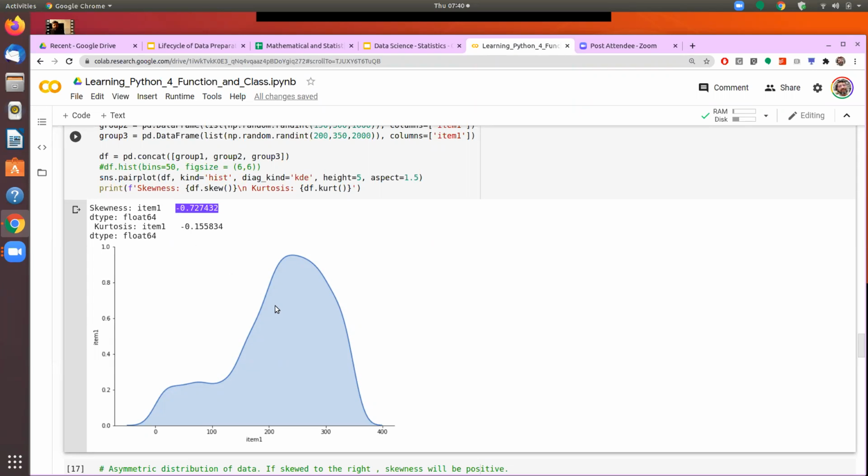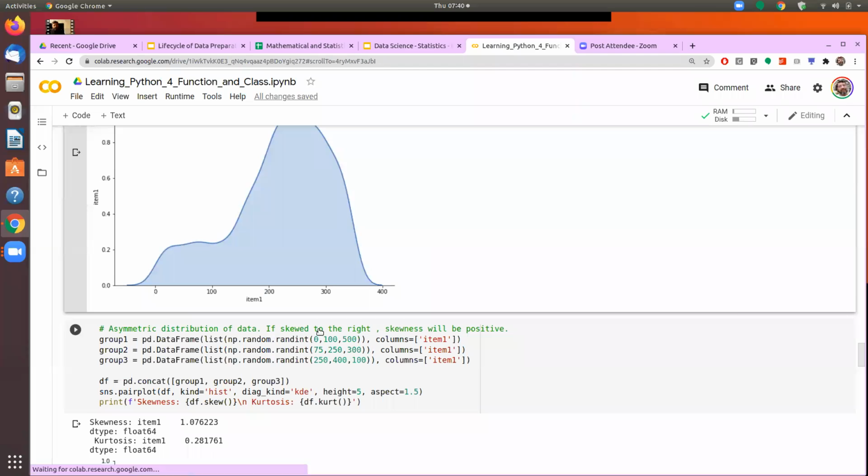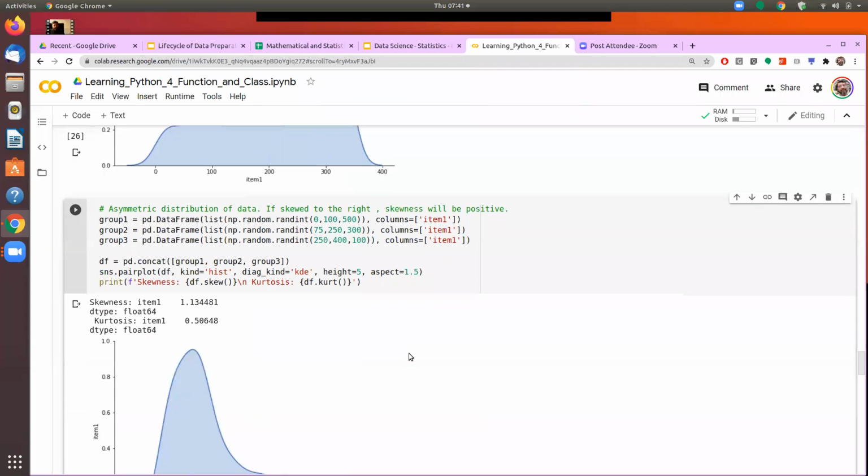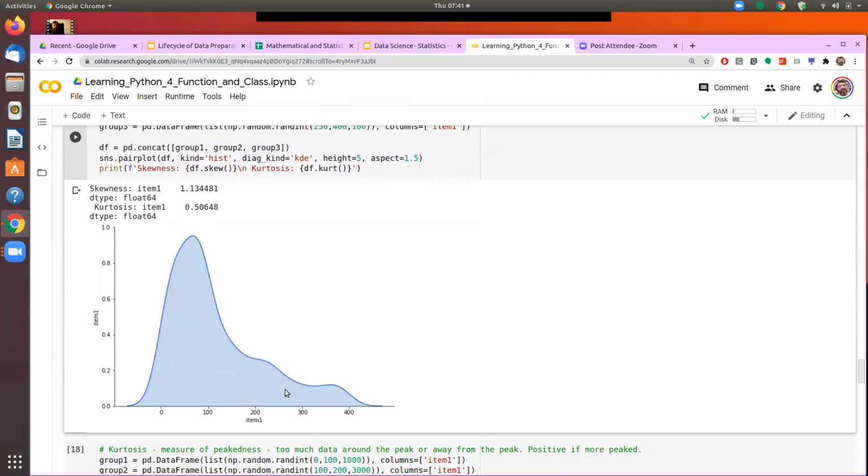If it is right distributed, so let's draw the data set which is right distributed. So here if you see, this data set is having more data elements which are on the right side of the center of the data set, or right side of the median.